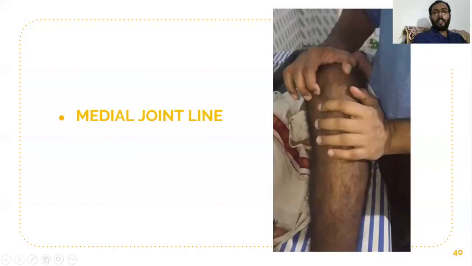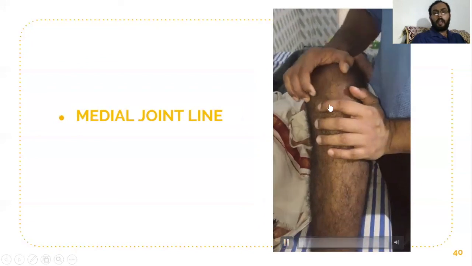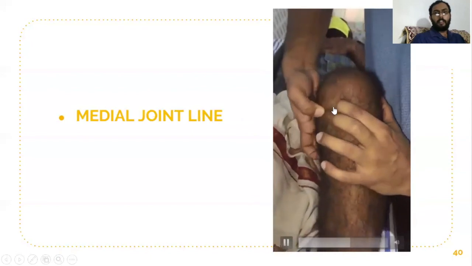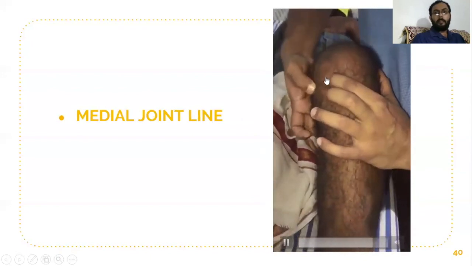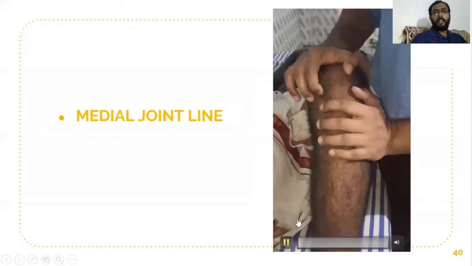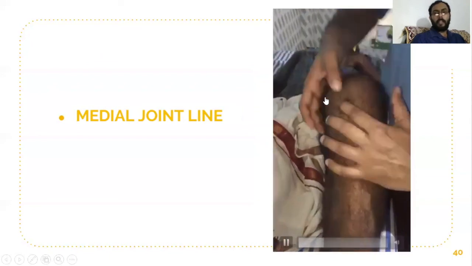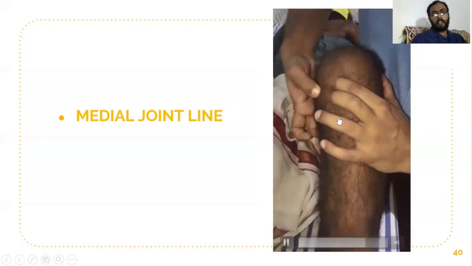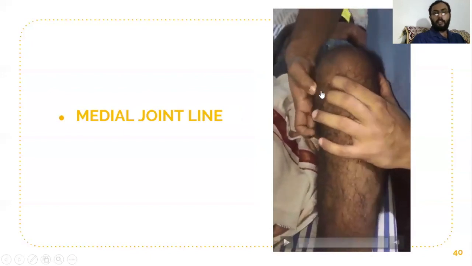Now coming to the medial joint line, just medial to the patellar tendon is the medial joint line, which we can palpate in between the medial femoral condyle and medial tibial condyle. When the patient presents with pain or tenderness on palpation of the medial joint line, one possibility is osteoarthritis, and if it is after an injury, there is a chance of medial meniscus injury.